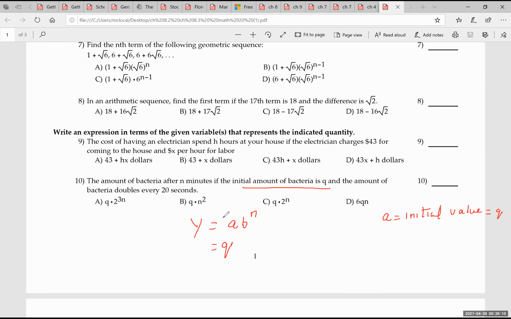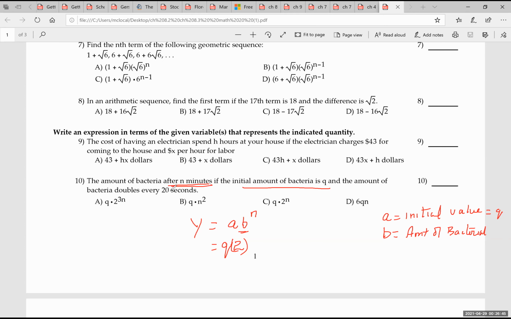And the amount of bacteria doubles. This B tells you, if it doubles, then you write 2. If it triples, then you write 3. So that's 2. And then they're saying every 20 seconds. Now, the thing is in minutes, not in seconds.